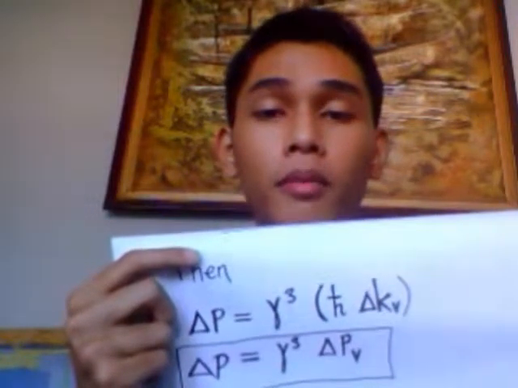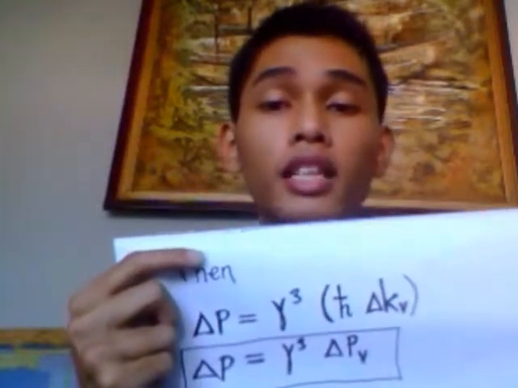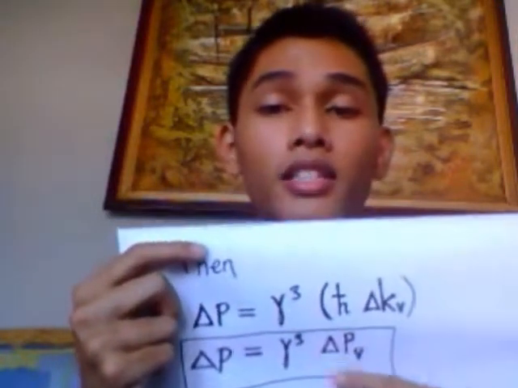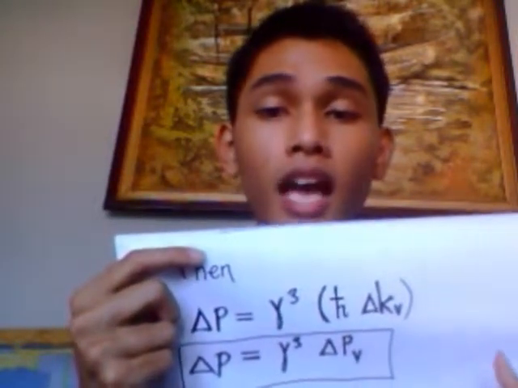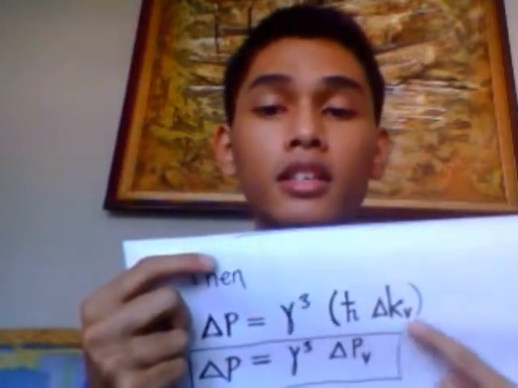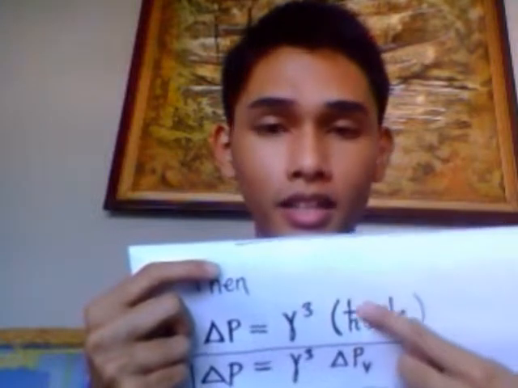When we make the differential of a non-relativistic momentum with respect to the wave number, we get an uncertainty of the same form as the term inside the bracket.